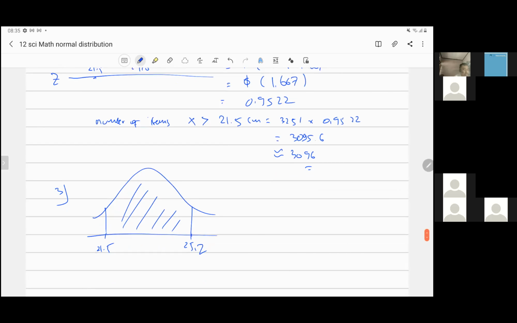If we change them into the z value, this is going to become negative 1.667, and this is going to be 1.133.